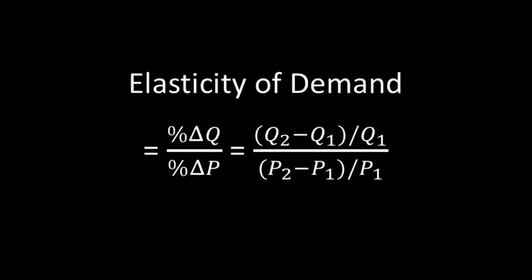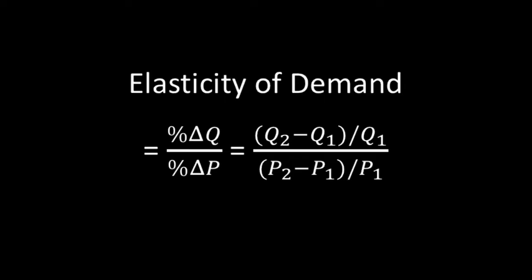That's slightly problematic at times, and the reason is that in order to calculate the elasticity of demand, you need to know which price quantity coordinate preceded another. Sometimes when you're working with data, you might see two price quantity coordinates, but you don't know which one came first and which one came second. There's not a chronology in the data set.